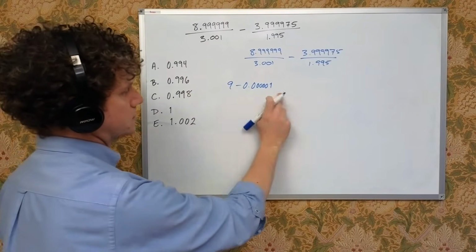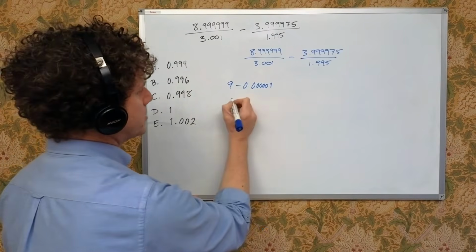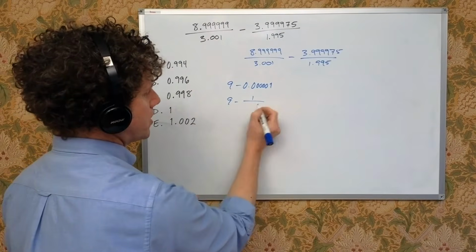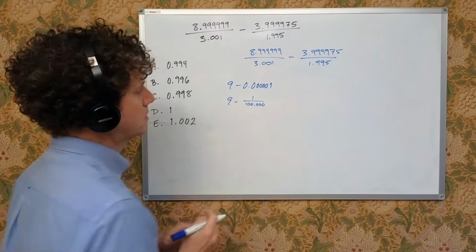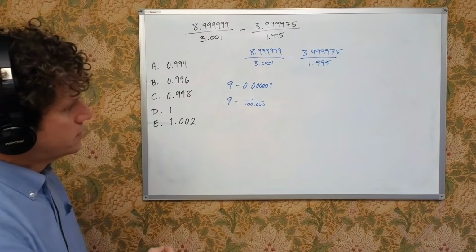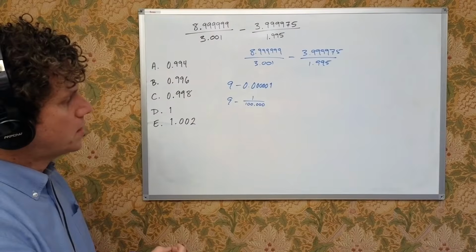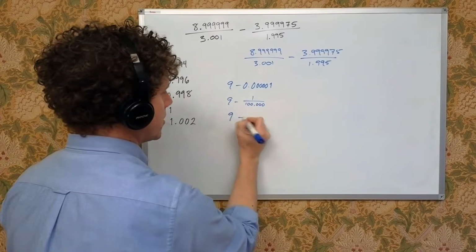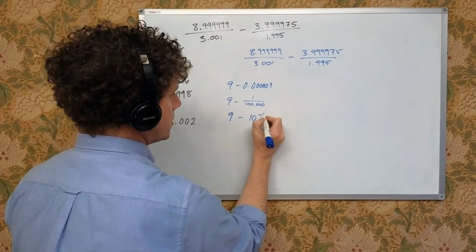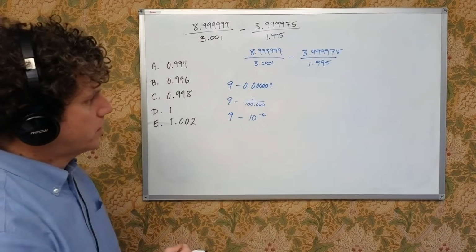Those are my 6 places. So I could also call that 1 over. And thinking a bit about exponents, one more way to say that is 10 to the negative 6.